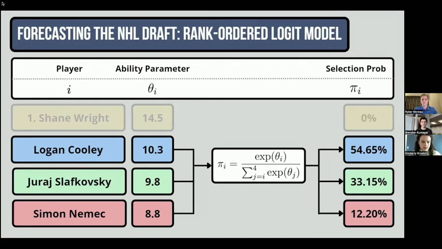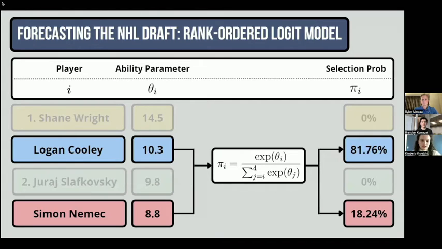To model the second pick, we remove Wright from the pool of prospects, and then the selection probabilities for Cooley, Slafkovsky, and Nemec are updated to account for Wright being removed. Now let's say that Slafkovsky was chosen second. We repeat the process, remove Slafkovsky from the pool of prospects, and recalculate the selection probabilities. Here we obtain selection probabilities of 81% for Cooley and 18% for Nemec.